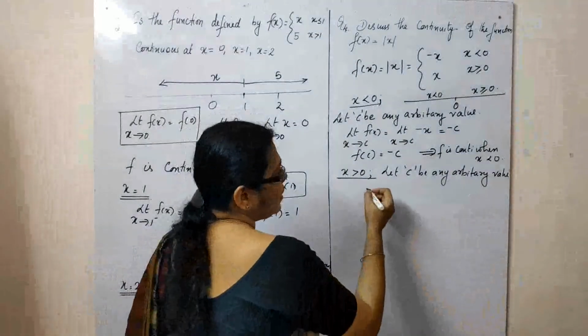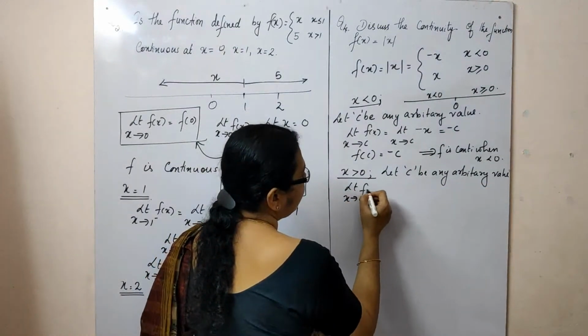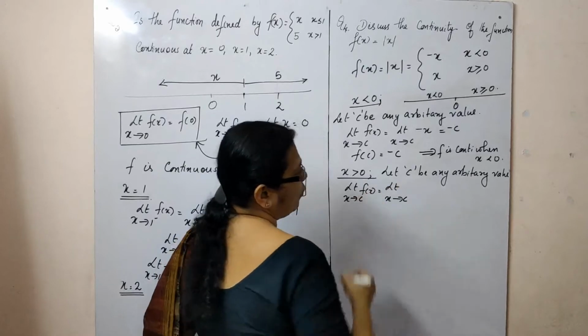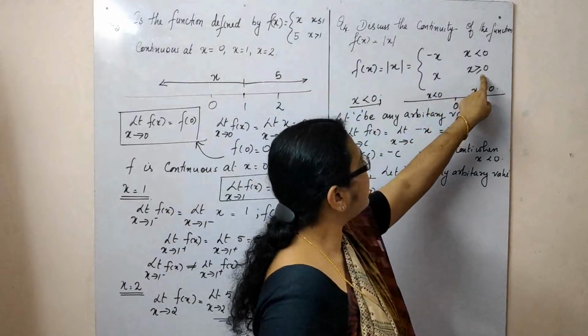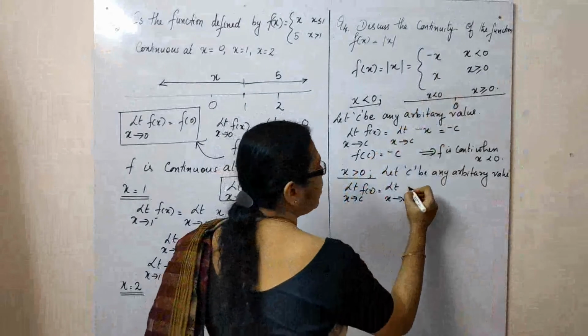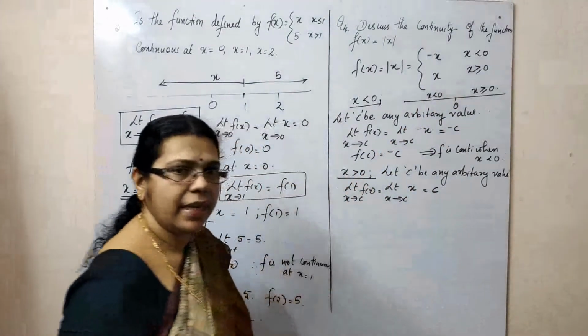So let c be any arbitrary value, then limit x tends to c of f of x is equal to limit x tends to c of, for x greater than 0, what is the value of the function? x. When I apply the limit, I'll get c.